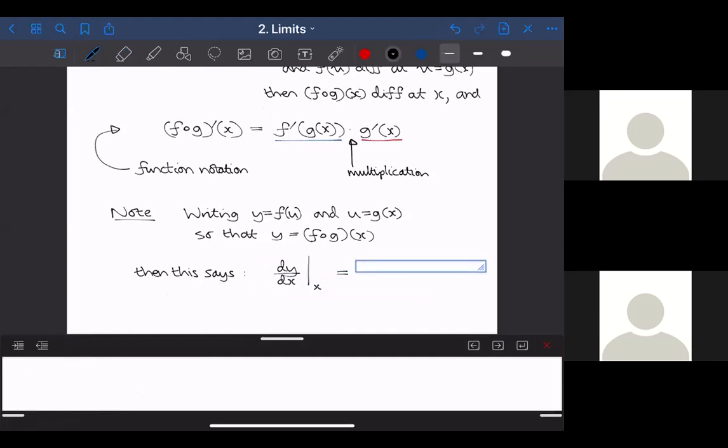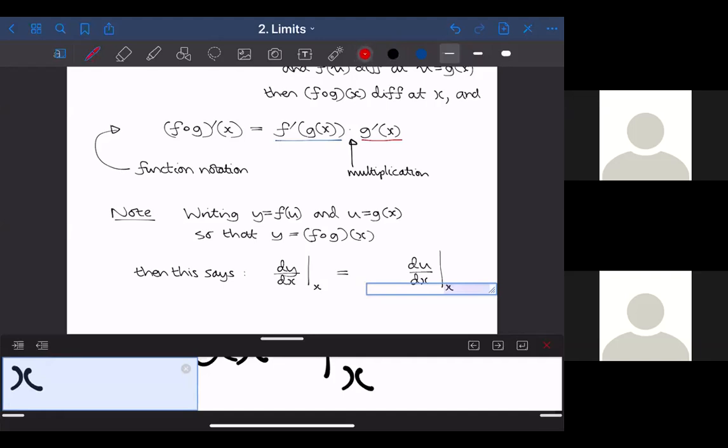So I'm going to do the red one first because it's easier. So the derivative of g at x, so that's du by dx at x. That's the easy one.